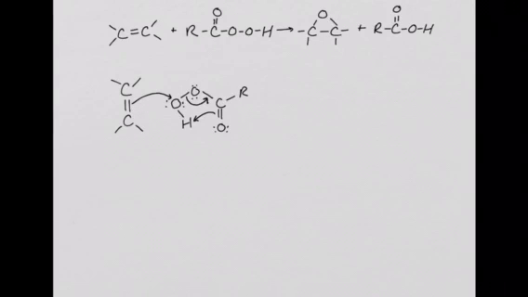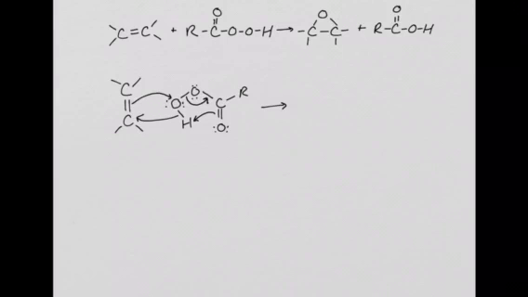And finally, the electrons from that proton, which can't have more than one bond, then attack back the alkene to form the epoxide.